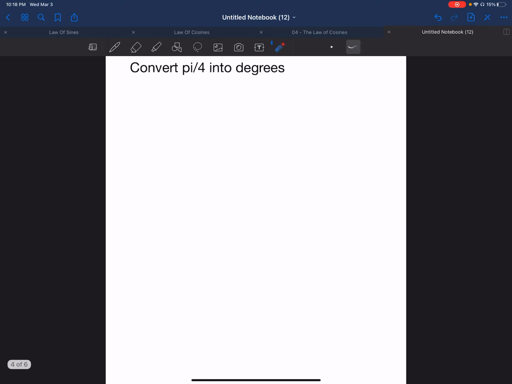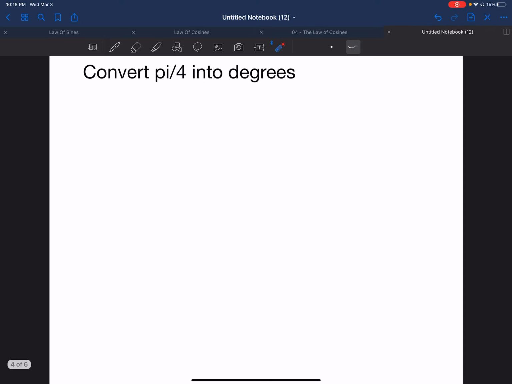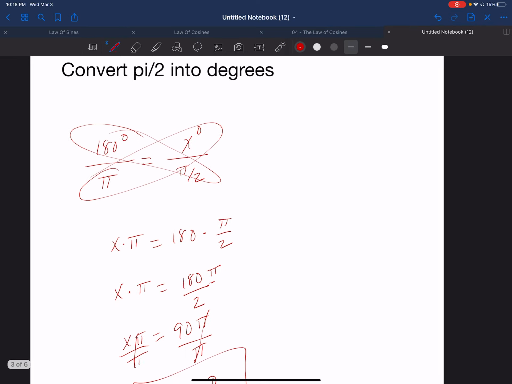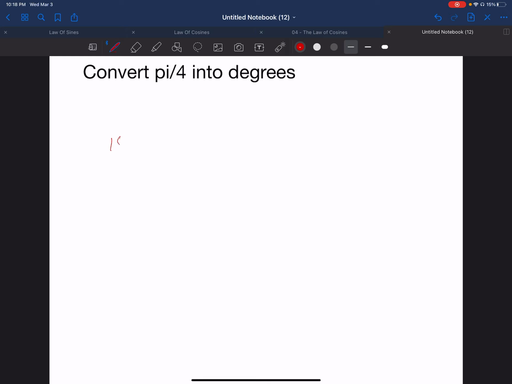So looking at the second one, now we're going to convert pi over 4 into degrees. So remember our setup that we're going to be doing. So every time we're going to start with 180 divided by pi equals, again, I don't know how many degrees are in pi over 4. So I'm going to set it up like that. I'm going to cross multiply.